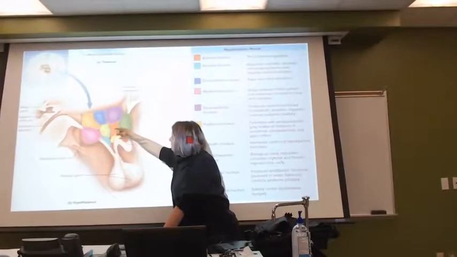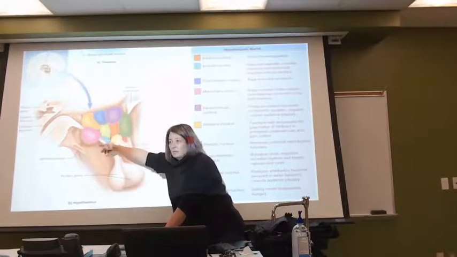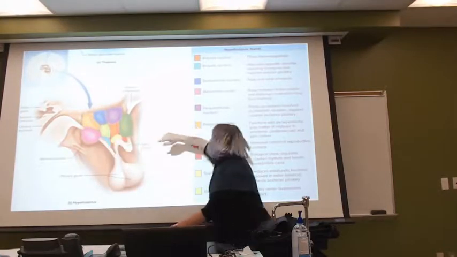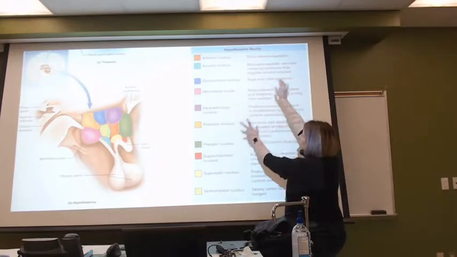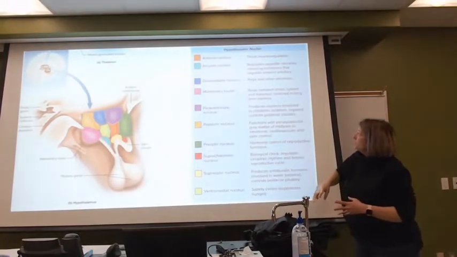There are 10 that we know of. These are the groups, these are the nuclei that we're going to find. But now, take a peek at what it affects. Read what it affects.